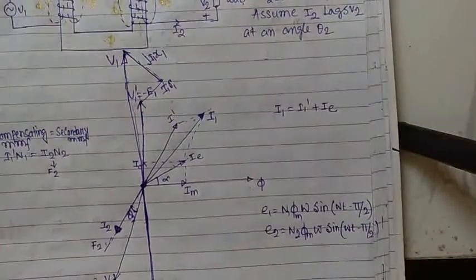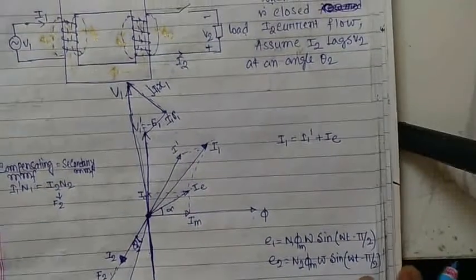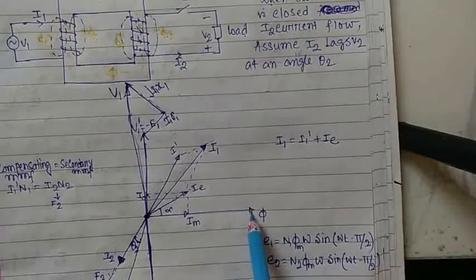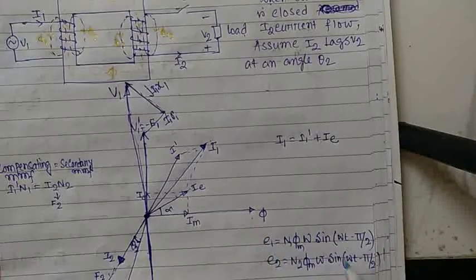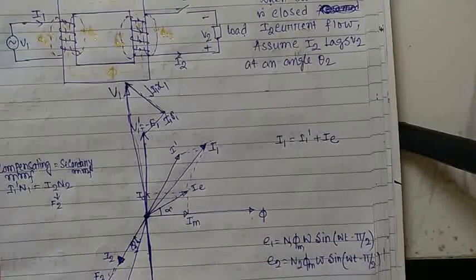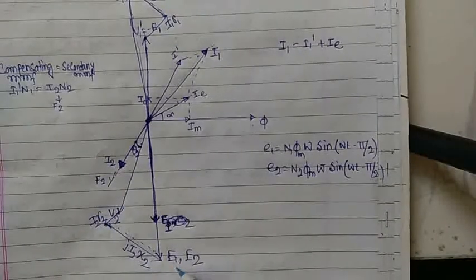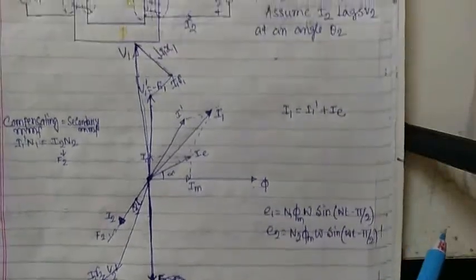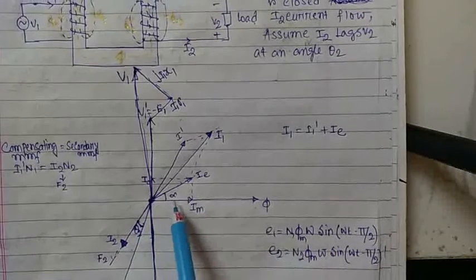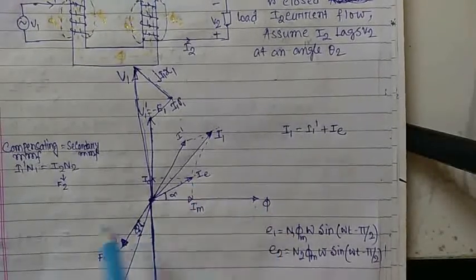Now very simply I discuss again. Flux is taken here as a reference, and we know this equation, so E1 and E2 lag from phi at an angle of 90 degrees. Taking the hysteretic angle, IE leads phi at an angle alpha.